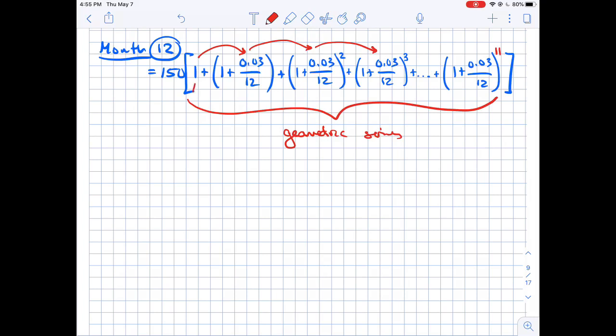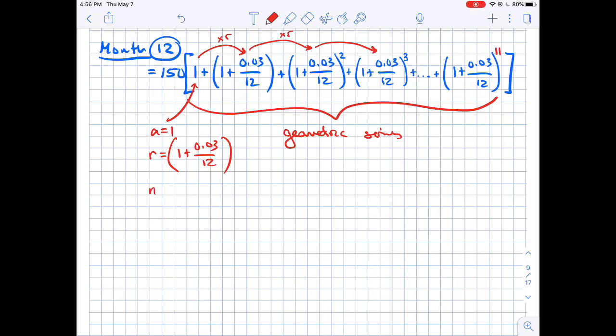So I have here my first term, a is 1. My common ratio r, what I am multiplying by each time, is just going to be 1 plus 0.03 over 12. That's my common ratio that I multiply each term by to get to the next term.